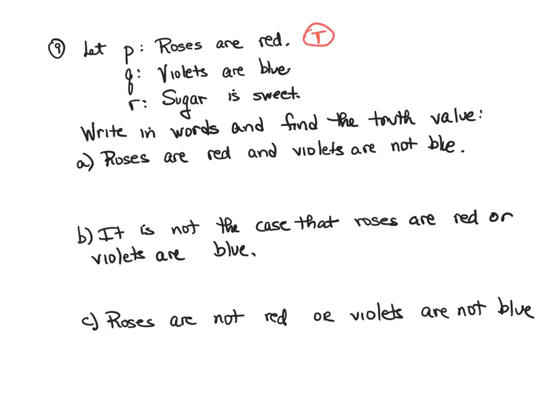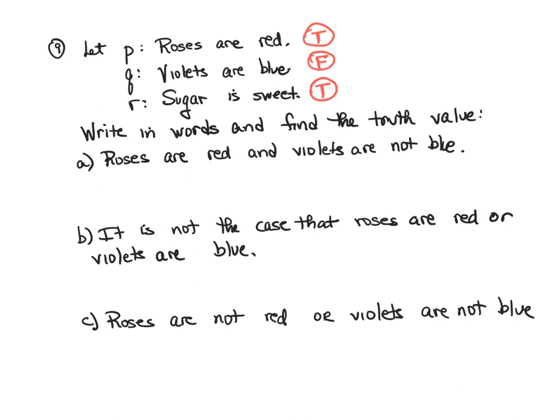"Violets are blue" is Q. And let's say that's false. And "sugar is sweet" is R. Well, of course, that's true. Now we would like to write in words and find the truth value of the final statement. So copy these down and translate these using symbols P, Q, and R and the correct connectives.